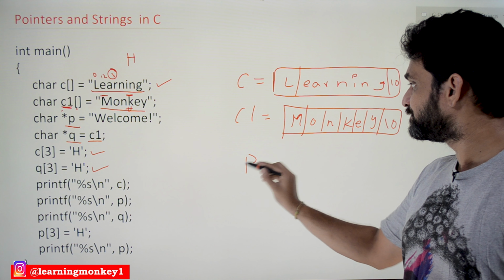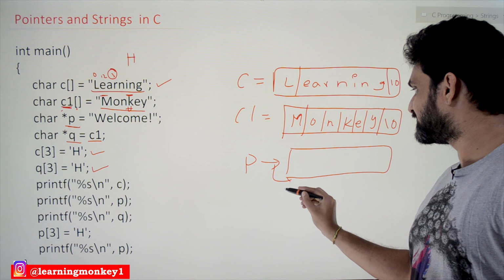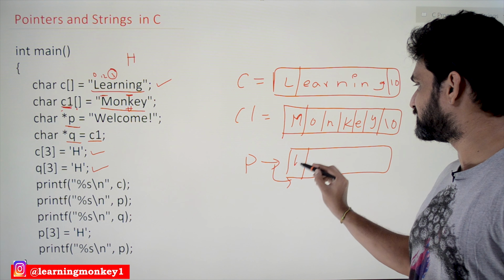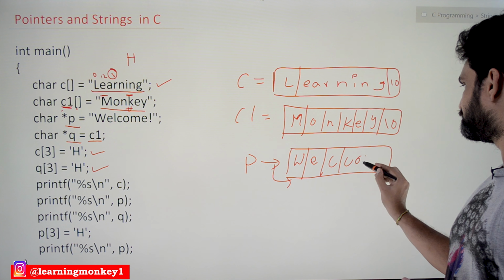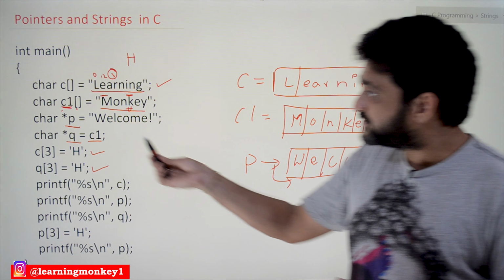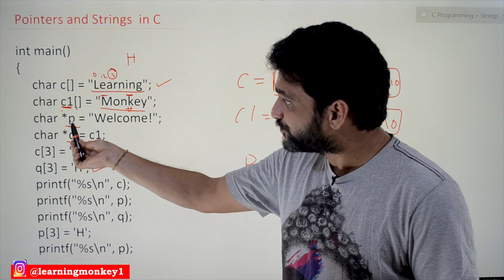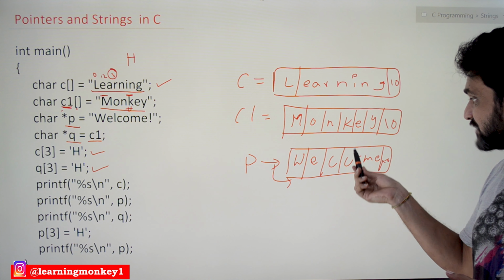Similarly this P will point to this string, the starting address of the string, which consists of "welcome". Now this character string pointer, we can access these values, but we cannot modify them.